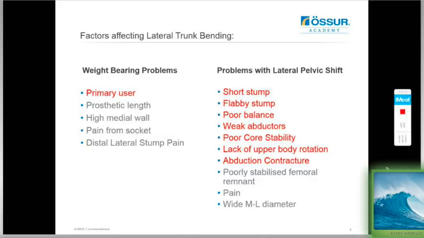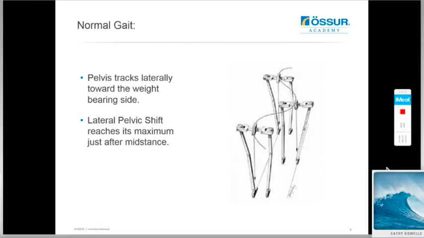They may have a lack of upper body rotation, which also prevents lateral pelvic shift. They may have an abduction contracture, or looking at the prosthesis again, they may have a poorly stabilised femoral remnant, pain, or a wide ML diameter in the socket.